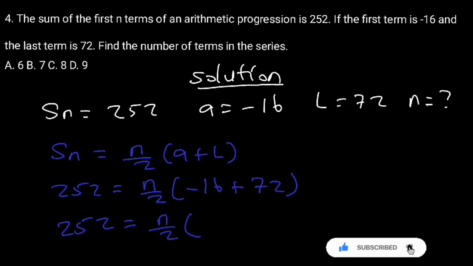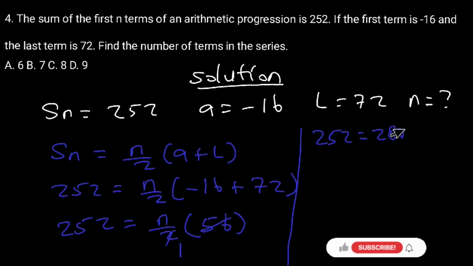We have minus 16 plus 72 is equals to 56. So we have 252 is equals to 2 divided by 2 is 1. 56 divided by 2 is going to be equals to 28. Then multiplied by n. Let's divide both sides by 28.